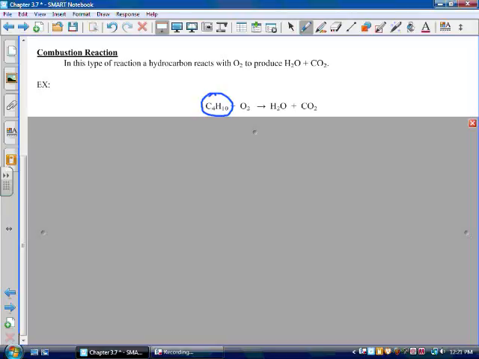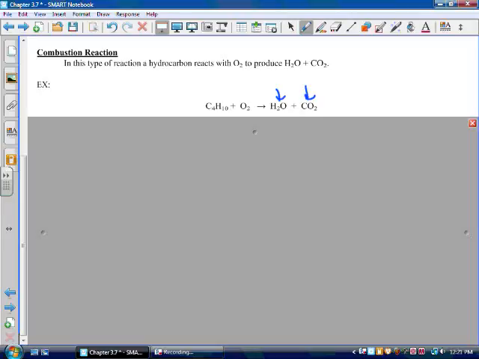In a combustion reaction, a hydrocarbon will always react with O2. Oxygen is present and is needed in the air for something to burn. And the products are always the same. These are easy to identify because you will always produce water and carbon dioxide. Now, if the hydrocarbon has something else in it, like nitrogen or sulfur, then you would also produce sulfur dioxide or nitrogen dioxide as well.